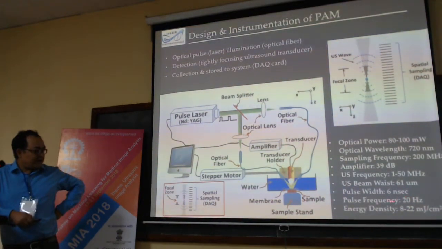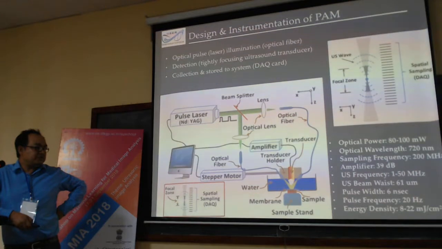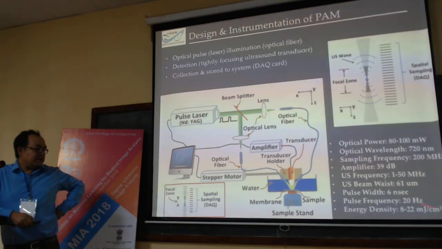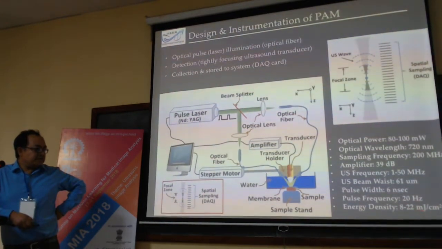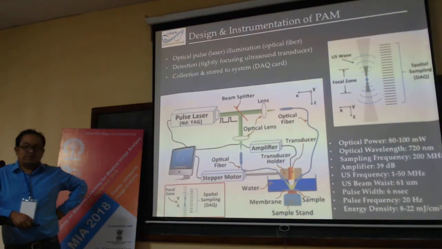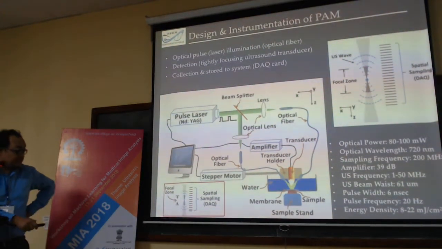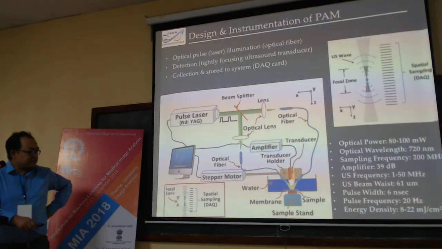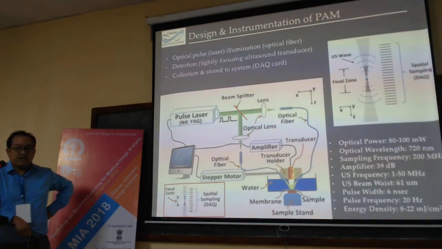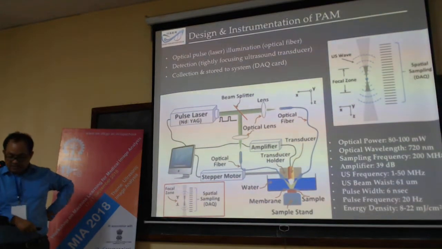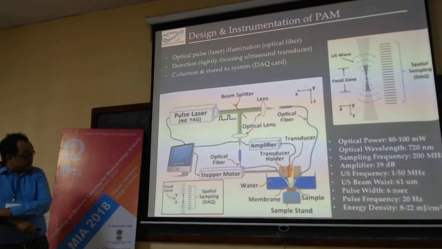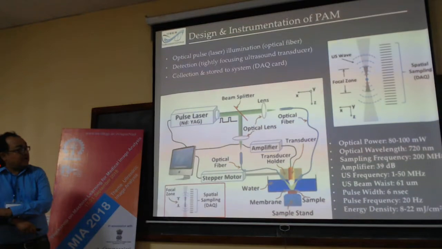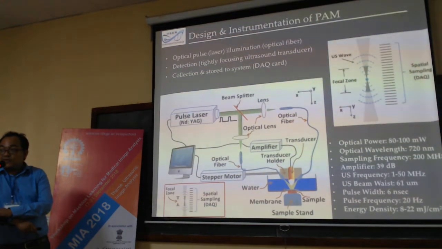The pulse repetition frequency is 200 hertz, and the energy we use is 80 to 200 millijoules per square centimeter. In our system we can now achieve a 100 hertz pulse repetition rate, so that we can achieve a higher imaging frame rate.